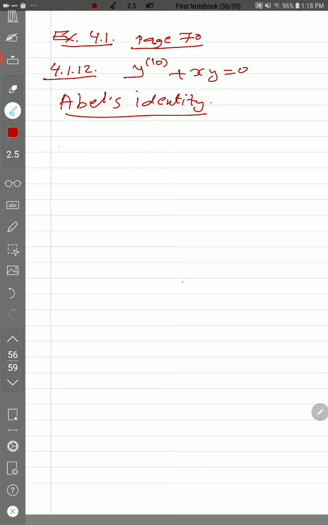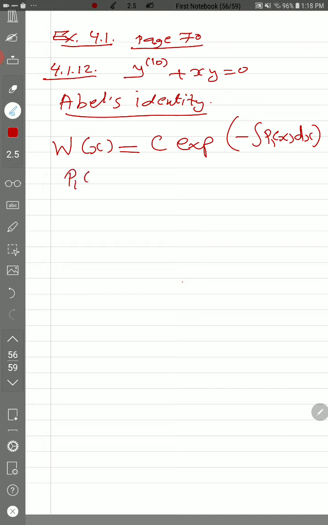Okay, so just write this one in front of you. Very simple, really. Minus p1, use this without integration. p1 is the coefficient of the 9th derivative, so p1 is 0. See, it's already 0.